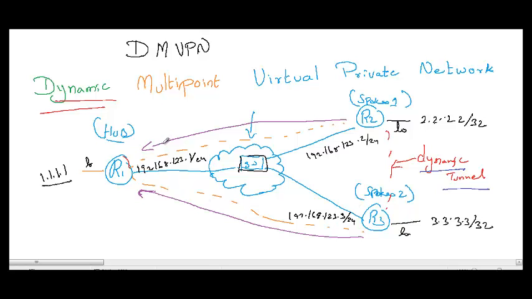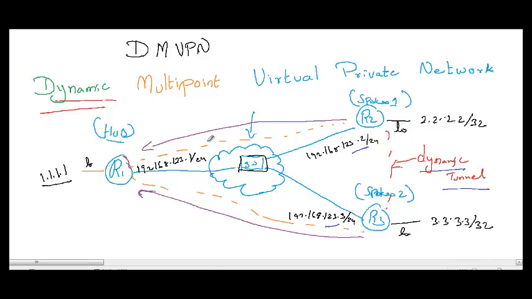Once they learn, they know how to reach each other directly, and this can be pinged via the switch. Because there is an IP path, they can send traffic directly.